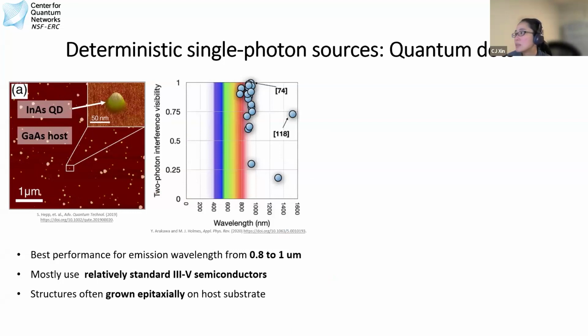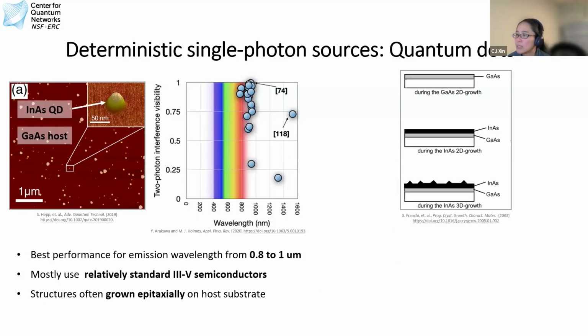That's what's meant by epitaxially, and then by growing a material up to a certain thickness, it'll accumulate some strain, and then at some point it'll start forming islands, little tiny islands. Usually this baseline process is called self-assembly, 3D self-assembly.